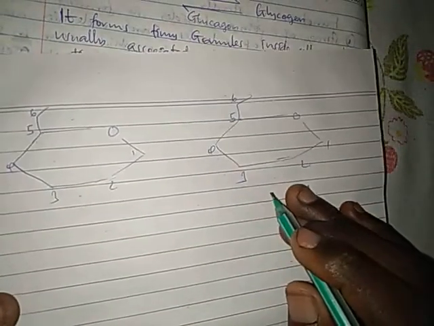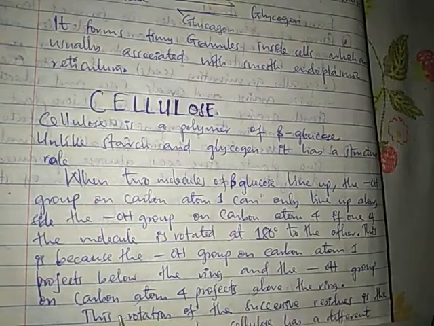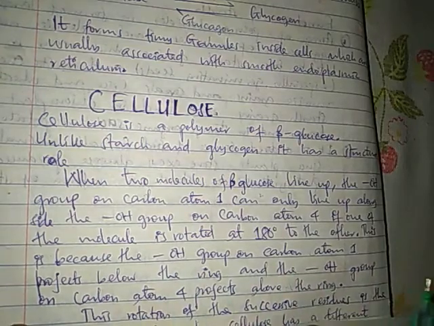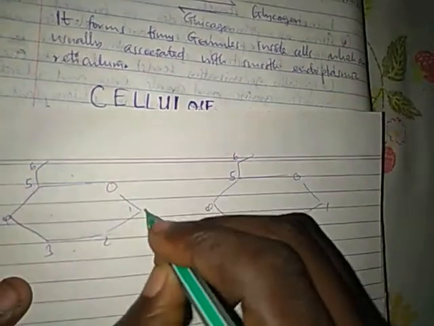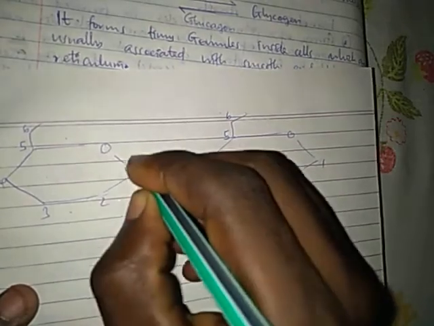So what we are saying, according to this statement, is that at carbon atom 1, the hydroxyl group projects below the ring, hydroxyl then hydrogen, whereas at carbon atom 4, it projects above the ring, hydroxyl then hydrogen.